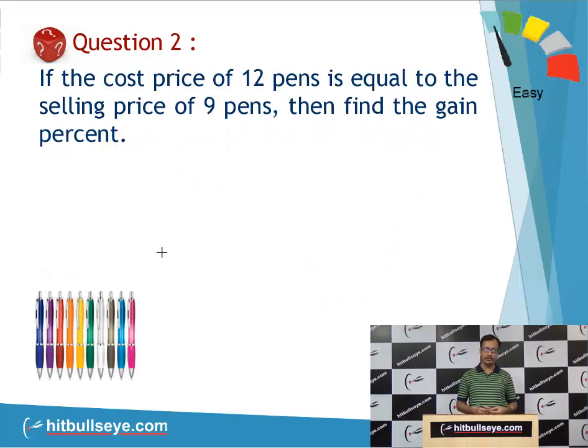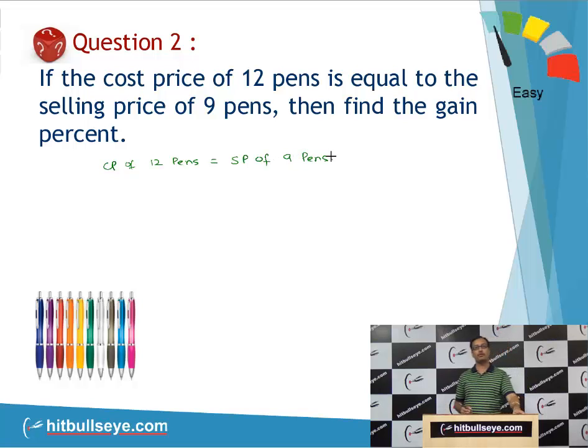Students, in this question it is given that if the cost price of 12 pens is equal to the selling price of 9 pens, then find the gain percent. Now remember that whenever we have to calculate the gain or the loss percentage, the quantity of articles should be equal. So it is given that cost price of 12 pens is equal to the selling price of 9 pens.